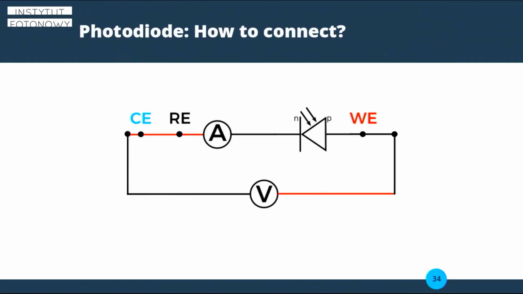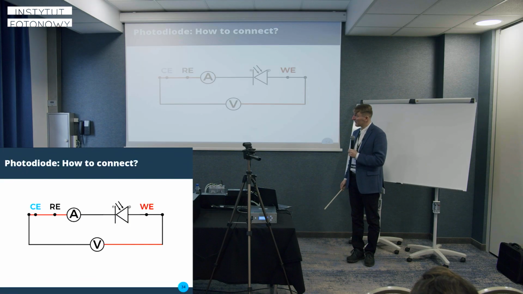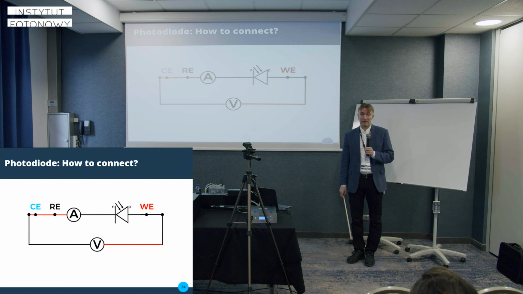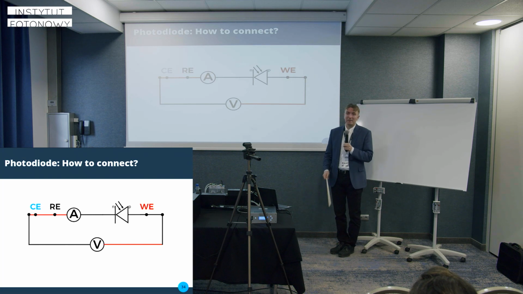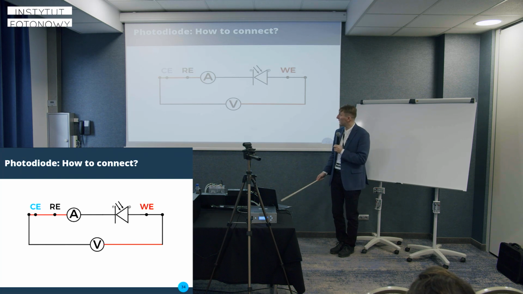Okay, I told you yesterday that you cannot understand nonlinear samples if you don't understand a photodiode. And this is how to connect the photodiode to this instrument. To get the correct conventional currents, the photodiode needs to be inserted in this way.